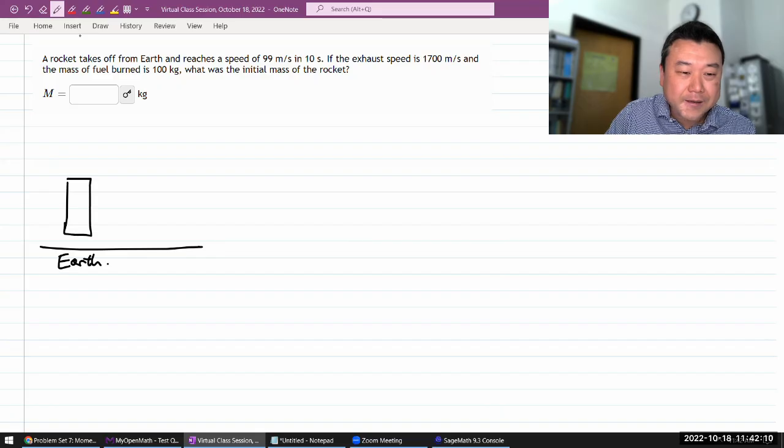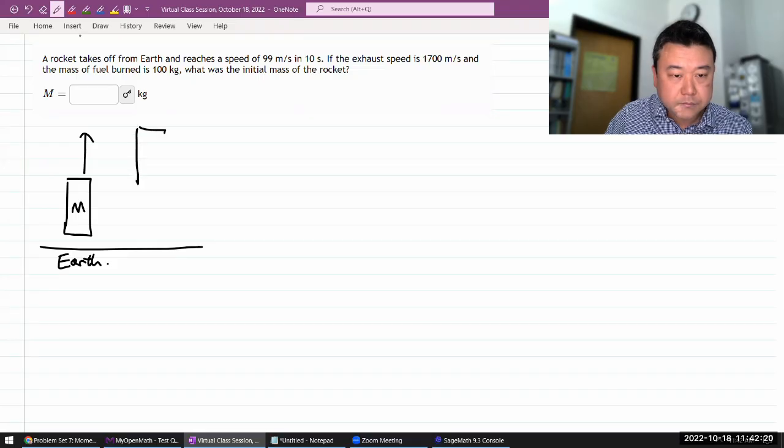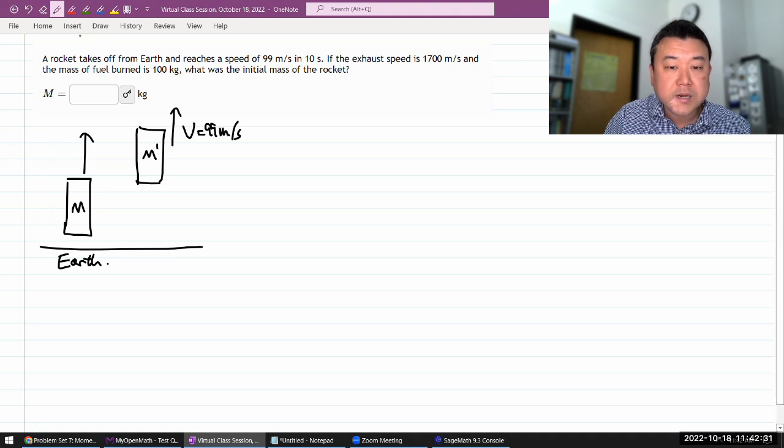So we have some rocket of some initial mass m, and it's taking off from Earth, reaching some height, and it's got some different mass, and it's moving at some speed, 99 meters per second, in 10 seconds. I wonder if that's relevant.